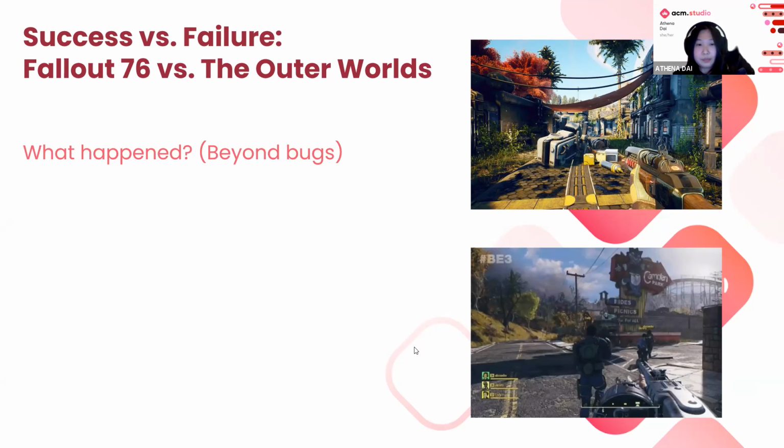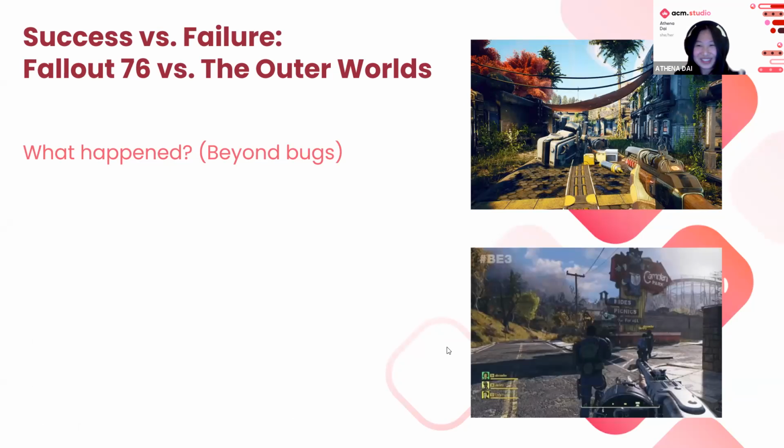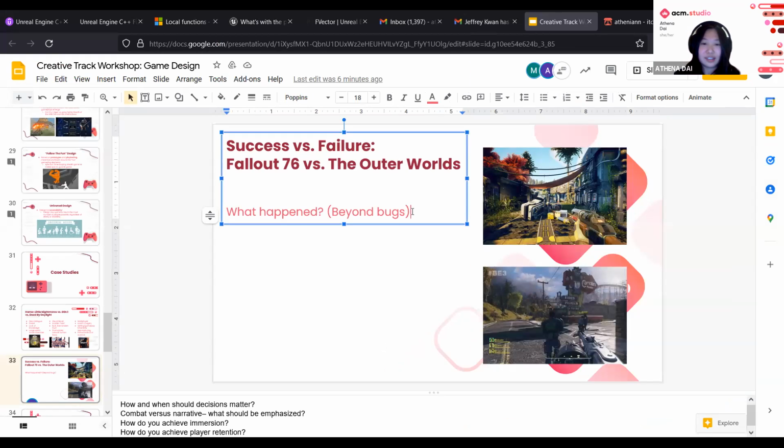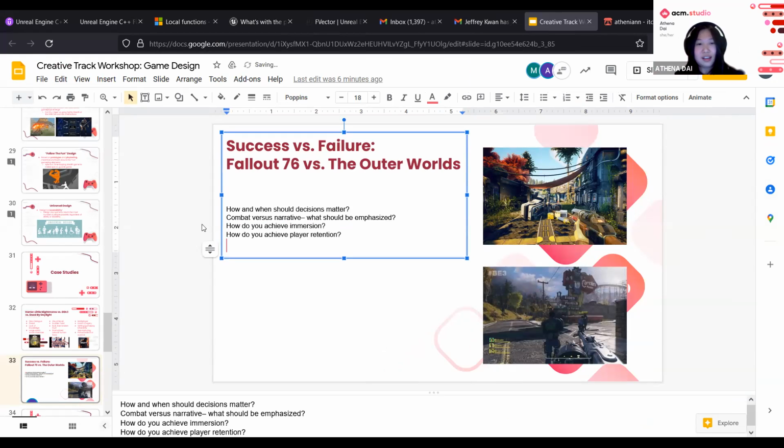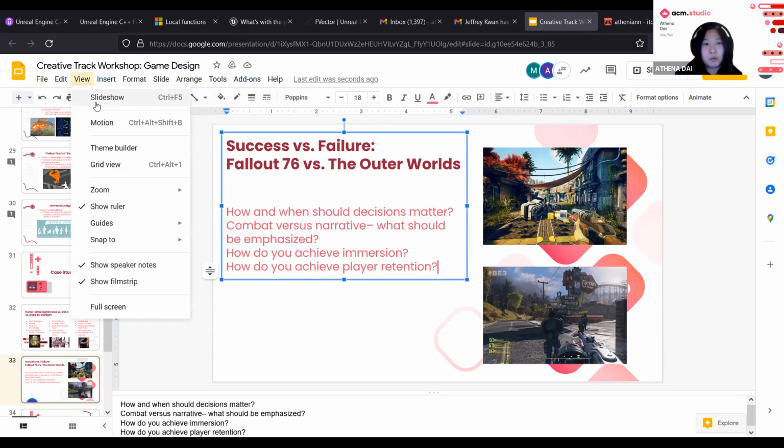Cool. My bad. I am actually not going to give you the answers because this is not an answer sort of thing, but I will instead give you some questions to think about: what might have set these two games apart and why that might have mattered.